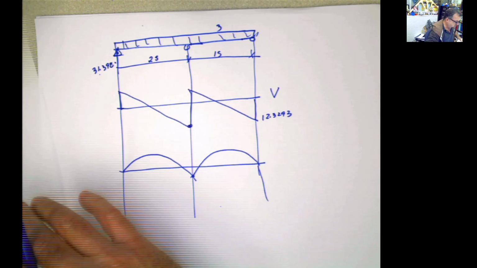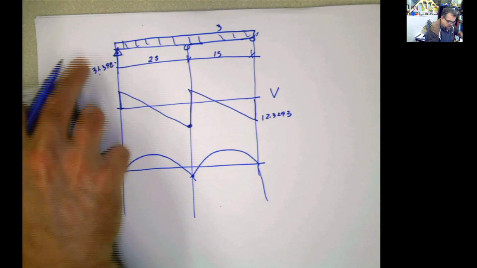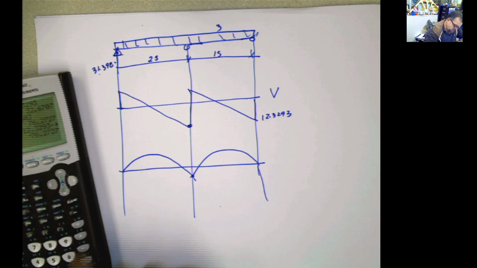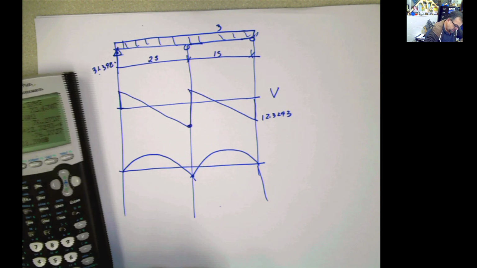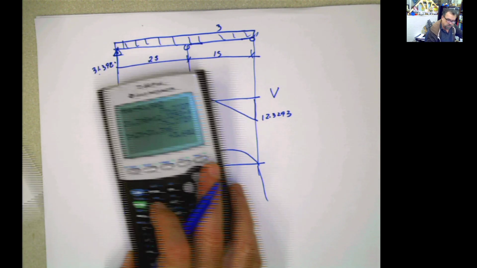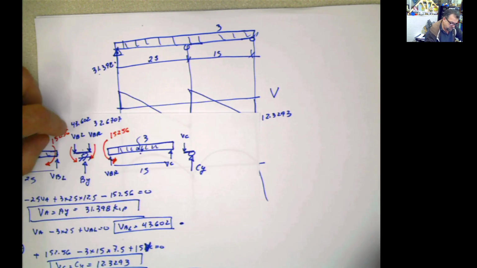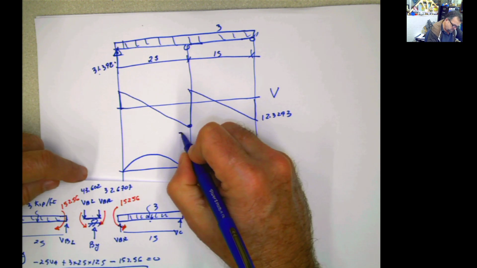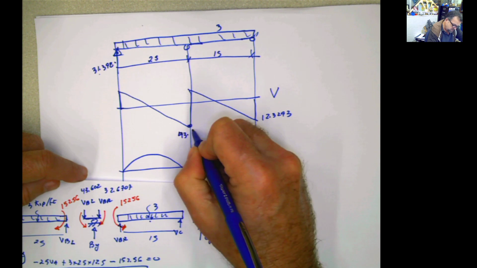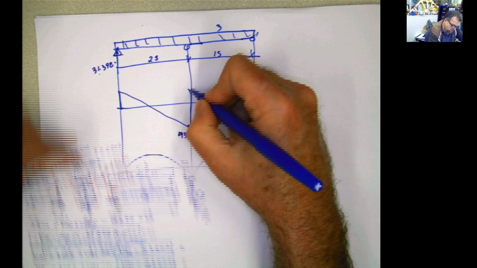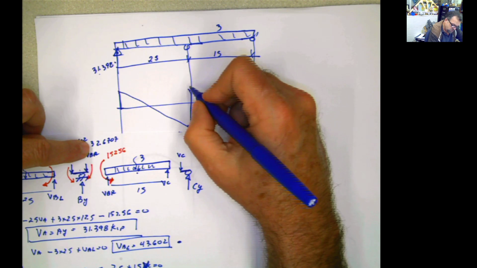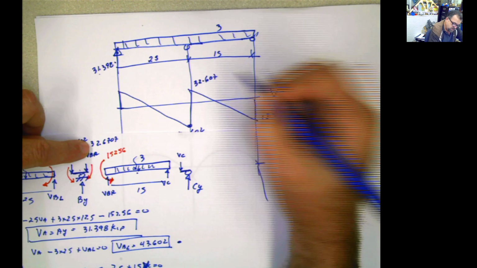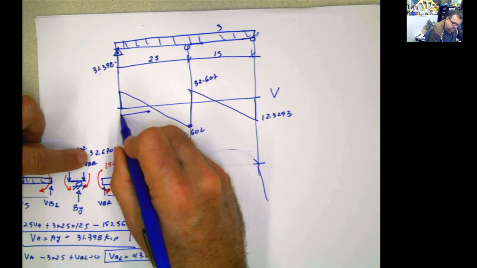Let me show you really quick. 3 times 25 minus 31.398 is 43.602, right? But 43.602 is this value here that we already calculated, so we know this value, 43.602, and we know this value also because that value is this one here to the right, 32.607.